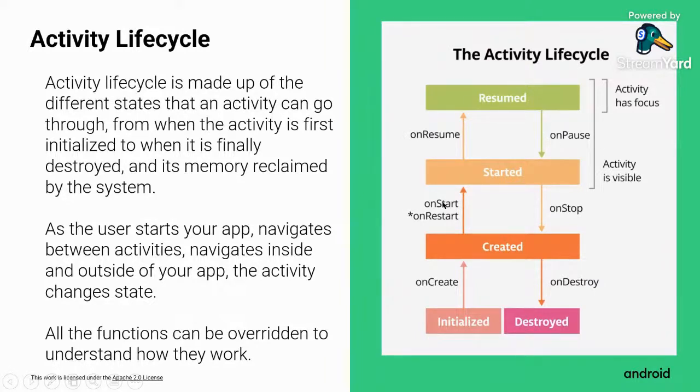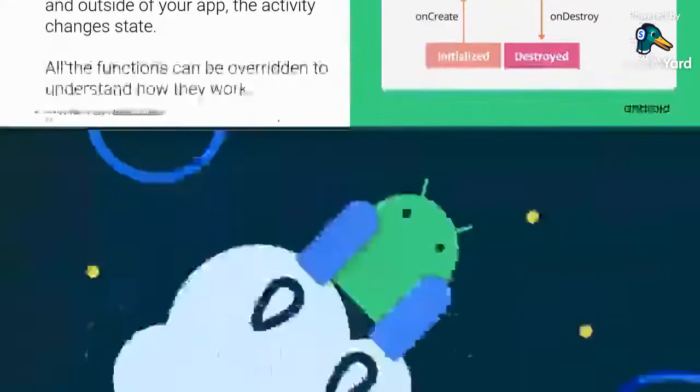You bring it back into focus, you would have onRestart being called. And when you stop the app in the end, you would have onStop and onDestroy following, and thereby you can say that the activity lifecycle is complete, right? Okay, that pretty much covers activity lifecycle.